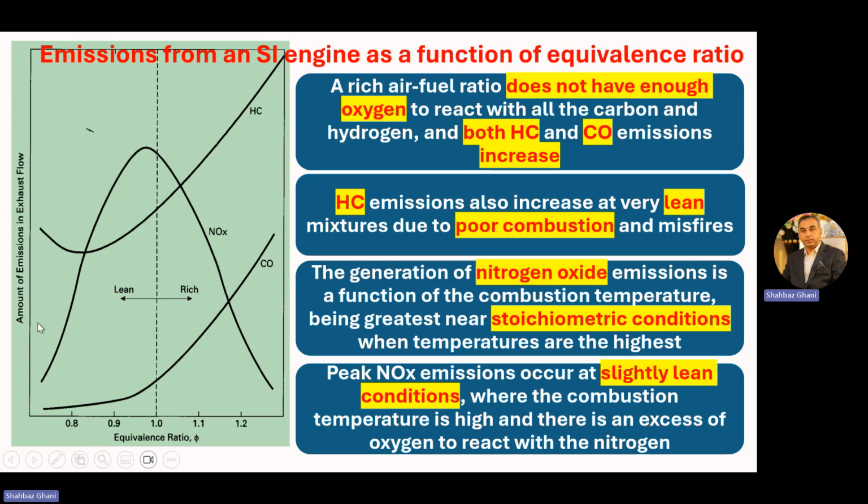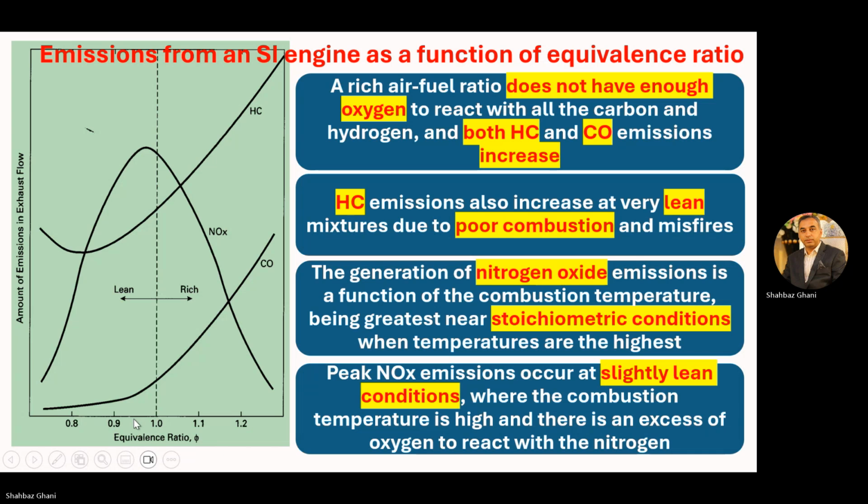And on the y-axis, we have the amount of emission in the exhaust flow. This is your hydrocarbon emission, high at the start, then going down. As the equivalence ratio changes, temperature changes, and it goes high again in the rich region. Now, at the start, due to lean mixture, the NOx is very low.